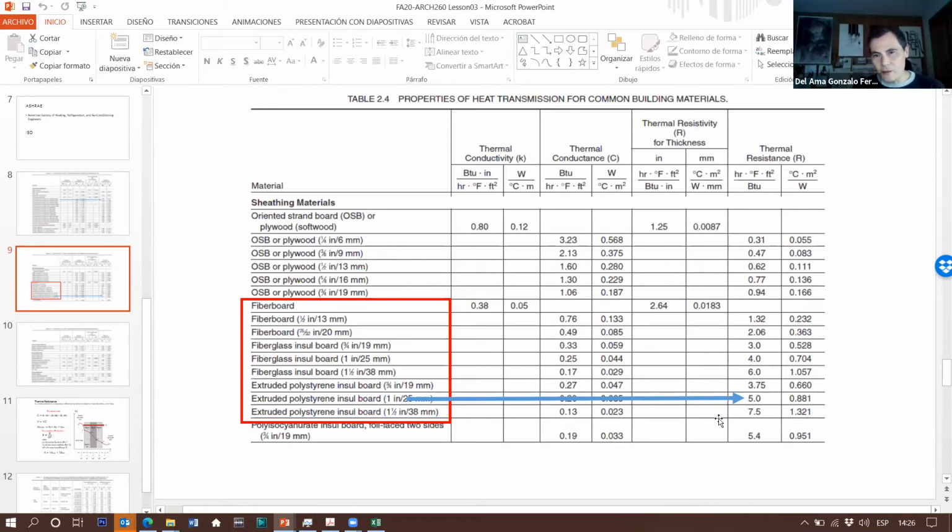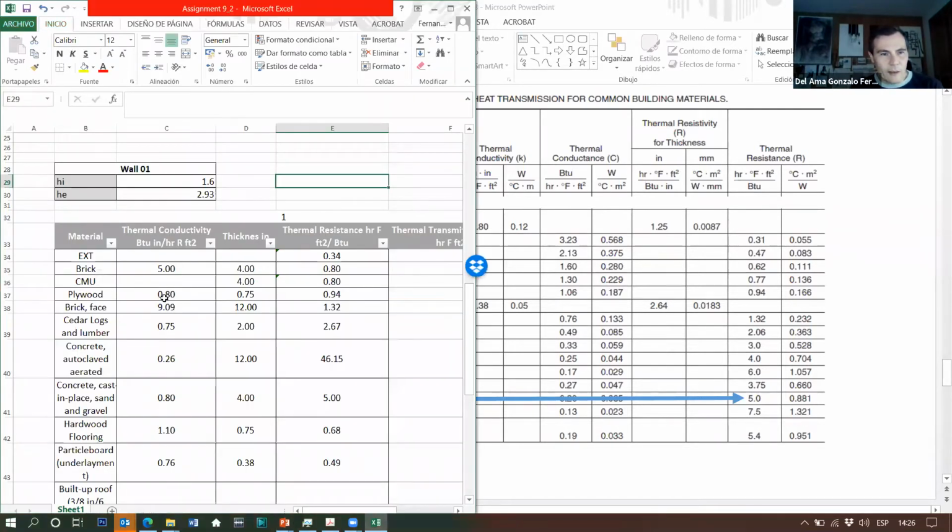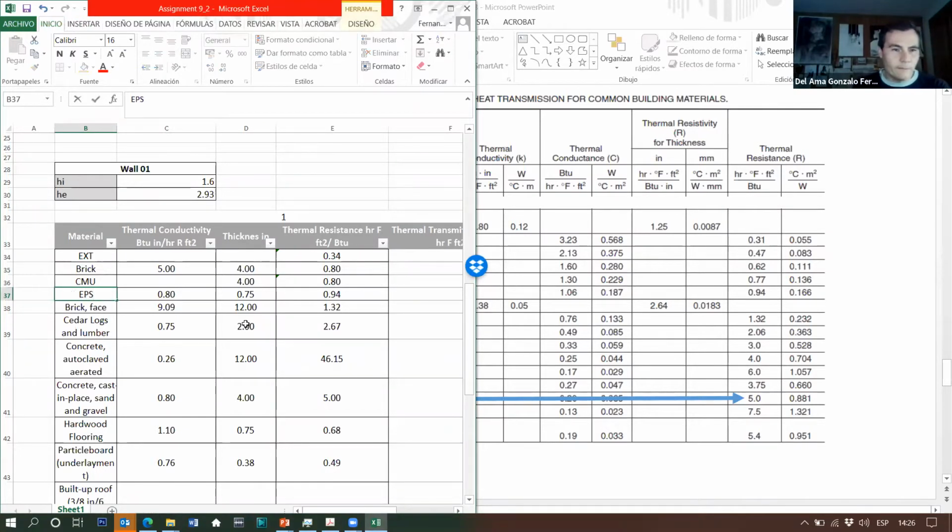This 6 inches, 30. So I have to type here, that would be extruded polystyrene. This is blank, we don't have a thermal conductivity. The thickness is 6 inches, and this value is 30.